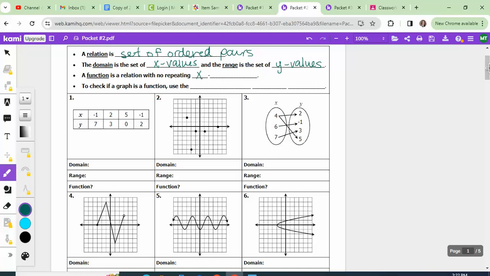So if it's a function, the x can't repeat. If you're looking at the line or up the graph, we could use the vertical line test to check to see if that is the case.